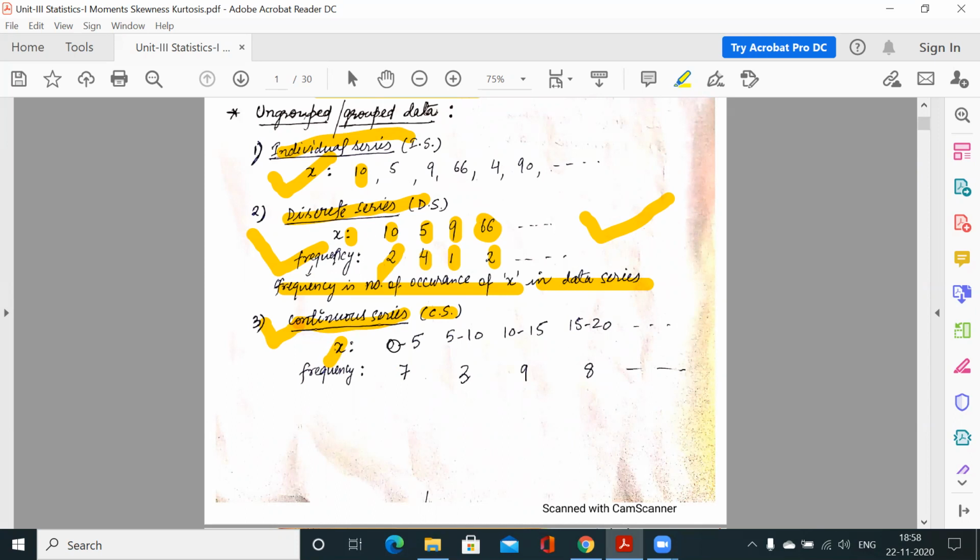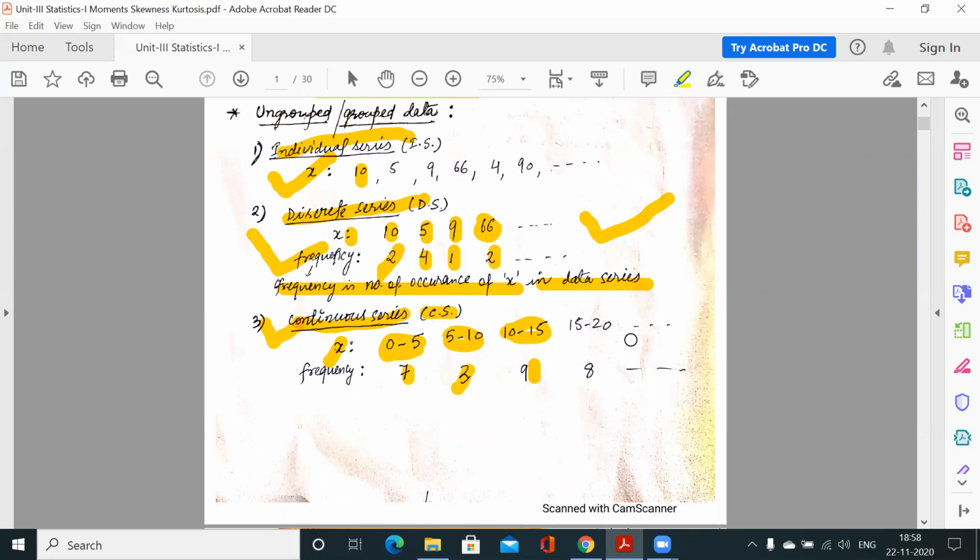So now I have divided the X in the form of intervals. For 0 to 5, how many students got marks from 0 to 5? There are 7 students. How many students got marks from 5 to 10? In the range of 5 to 10, there are 3 students. There are 9 students who got marks between 10 to 15.